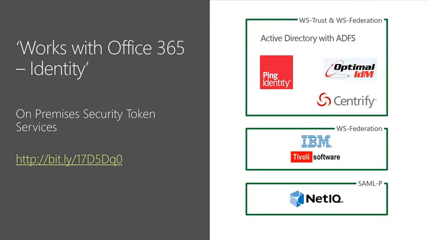So anytime you're connecting to Office 365, the admin portal, SharePoint Online, if you're using Outlook Web Access, any of these things where it's a web browser that's at the front, we're using WS Federation. So if you drop down, Tivoli has WS Federation. We have a few other partners that we're testing at the moment who are going to support just WS Federation. That's the protocol that they're going to use.